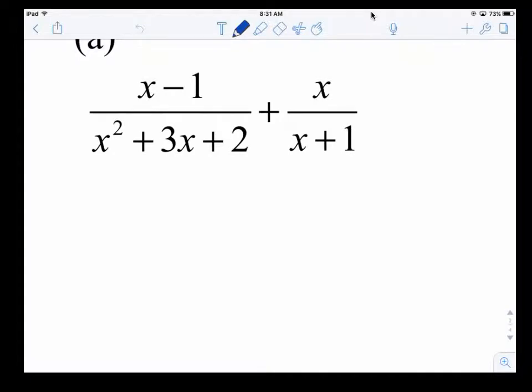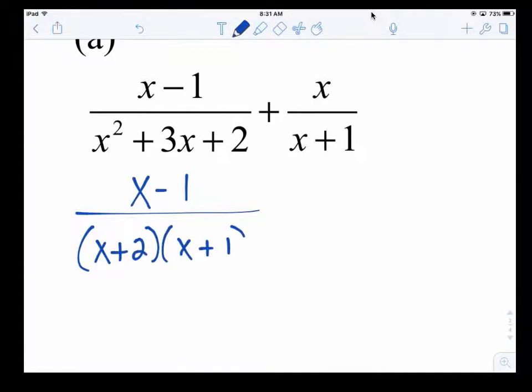All right, so for letter A, again, I always want to factor first, see if I can cancel anything out. So that would be -1 over x plus 2, x plus 1, plus x over x plus 1.